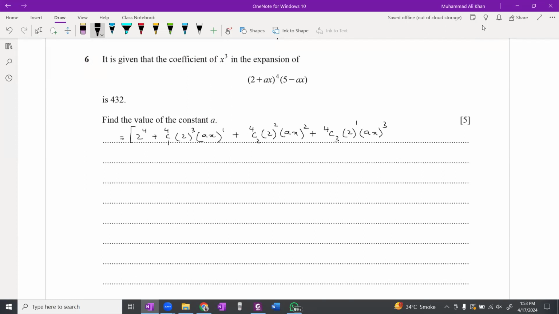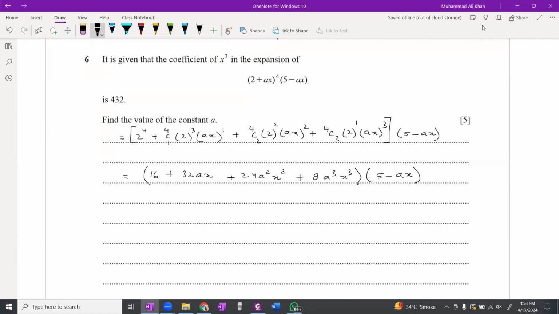So this is the expansion up to x cube, and the second bracket is 5 minus ax. So according to your calculators, the first term is 16, second term is 32ax, third term is 24a squared x squared, and the next term is 8a cube x cube. Multiply by 5 minus ax.